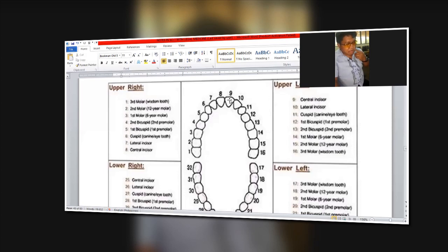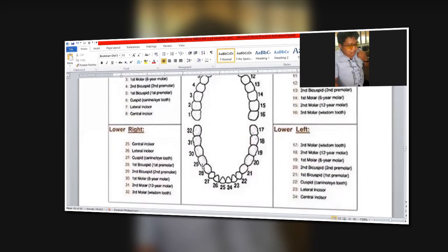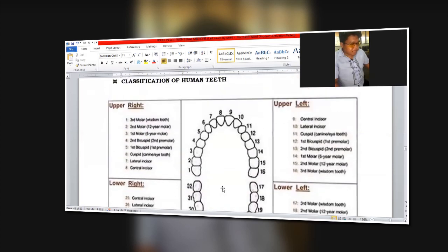Ang upper left starts from tooth number 9 to 16. Ang lower left starts with number 17. Then, lower right starts with number 25. So, let's go back to the upper left.